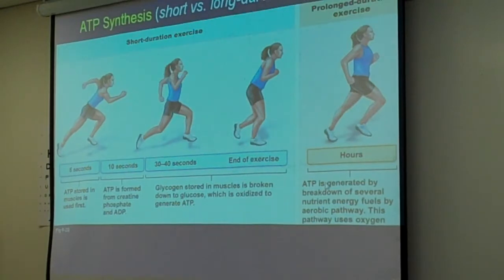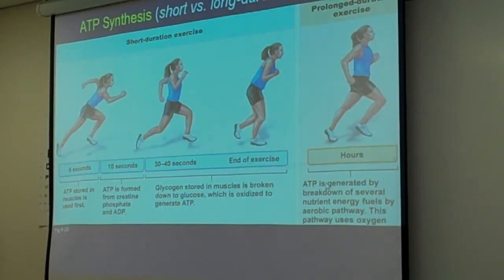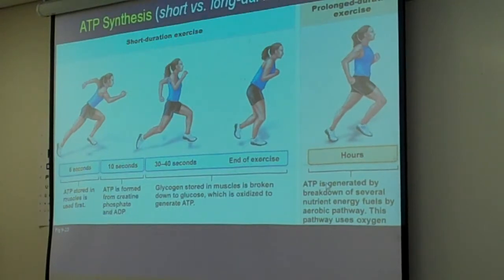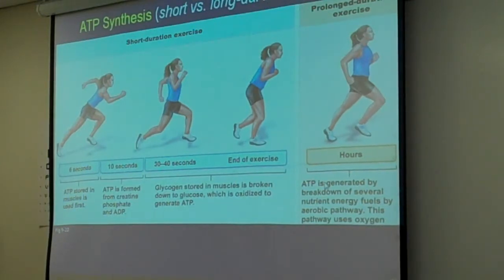So if you're graphing contribution of fatty acid metabolism over time, it's going up, and if you track aerobic glycolysis, it's going down. And it takes about 20 minutes or so to reach the point where fatty acid metabolism begins to outweigh glucose metabolism.